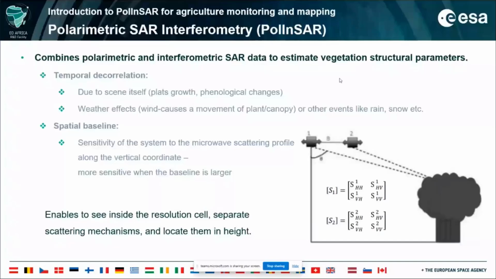So to avoid the temporal decorrelation, the 2 images should be acquired simultaneously, also known as single pass configuration, and to provide this valuable information to separate and to get the information about different heights of the vegetation and monitor agriculture.